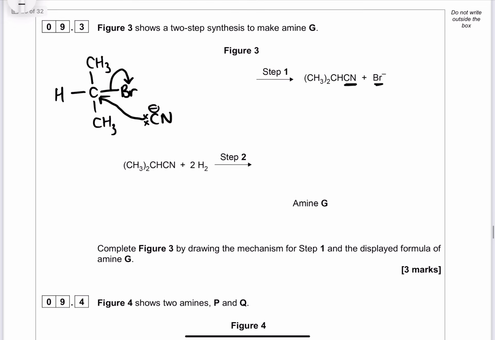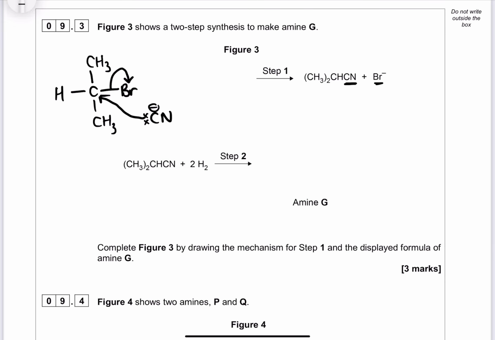That is then going to be reduced using hydrogen and a nickel catalyst. And so the CH part stays the same, but we get CH2, NH2. We're reducing both parts. Oh, and it said give the displayed formula, so we'll correct that. So we read the question carefully.